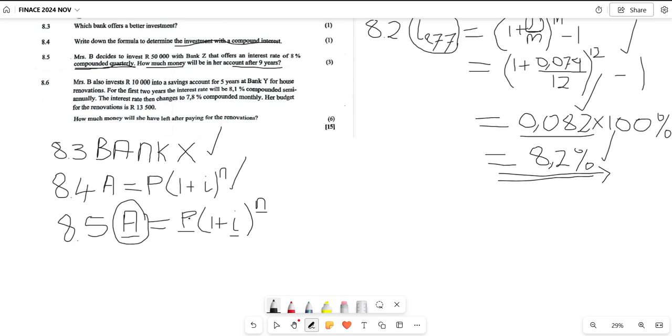P is an amount that you have and you want to invest at that particular time. In this case, P will be equal to 50,000 rand. Where we see P, we are going to substitute 50,000 rand that Mrs. B has at this present time.